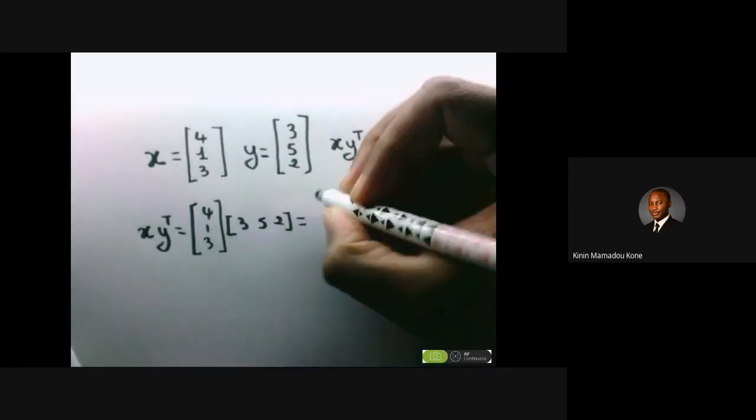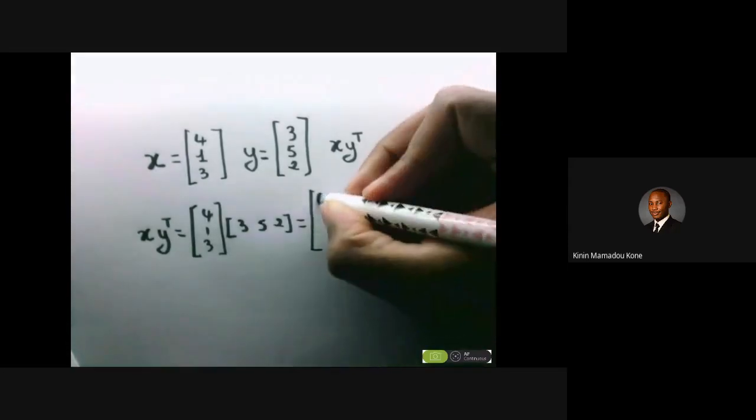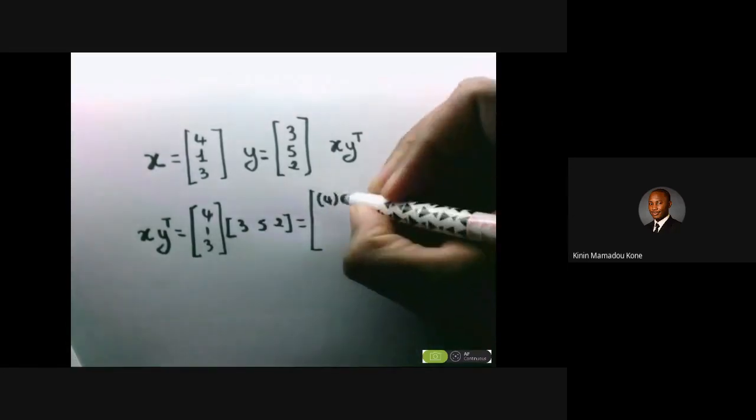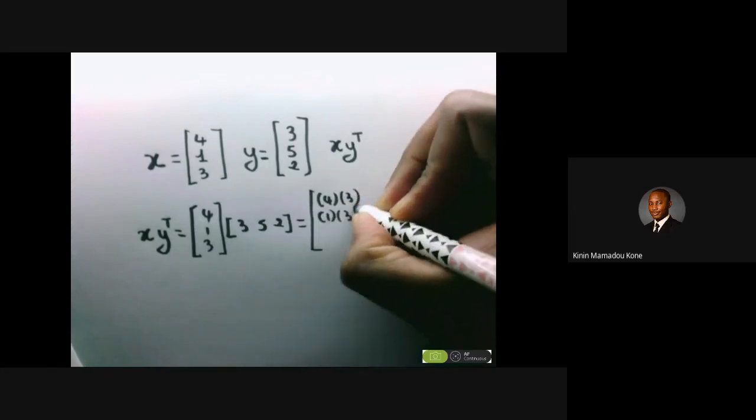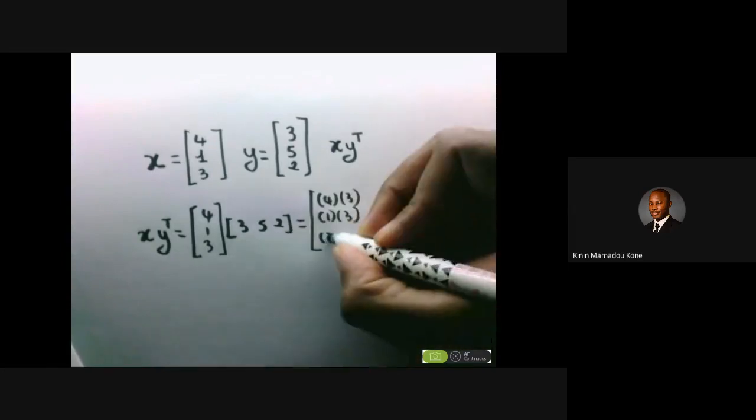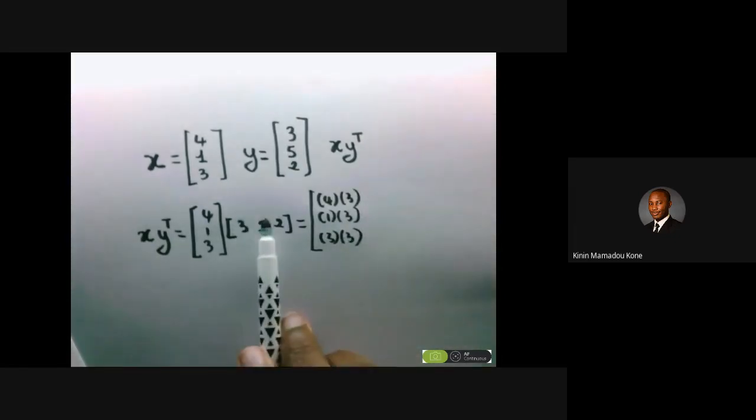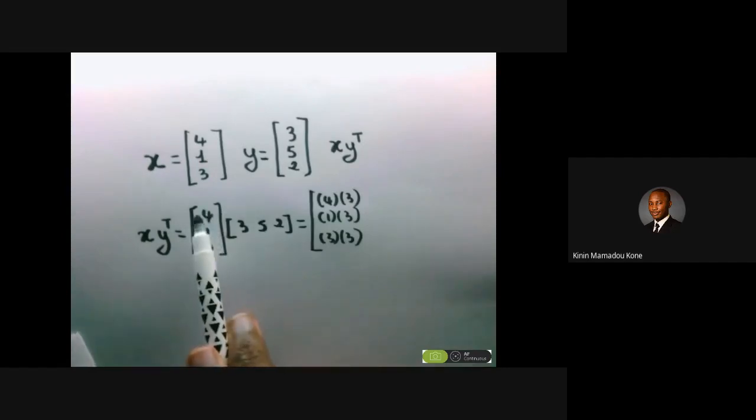That's going to be equal to this times that, this times that. 4 times 3, 1 times 3, and 3 times 3. So I'm done with this column. I'm moving on to the next column now, and I'm going to store the result in that row.